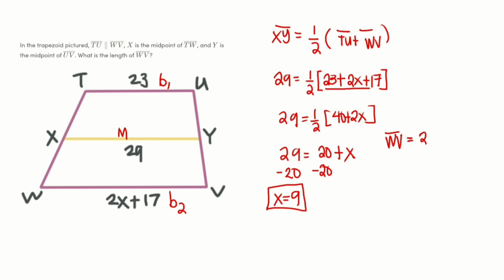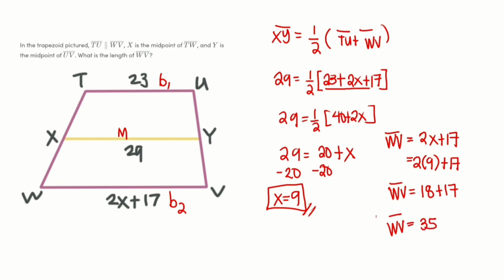So that's 2x plus 17. Since the value of x is 9, we plug it here. So 2 times 9 plus 17. So segment WB is equal to 2 times 9, that is 18 plus 17. So segment WB is equal to 35. So this is the length of segment WB.